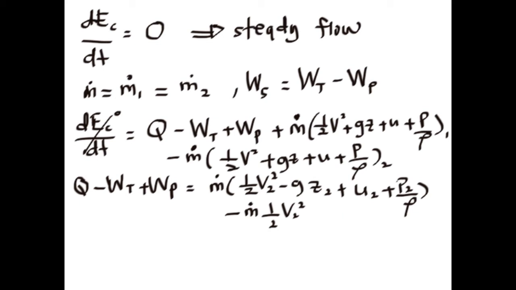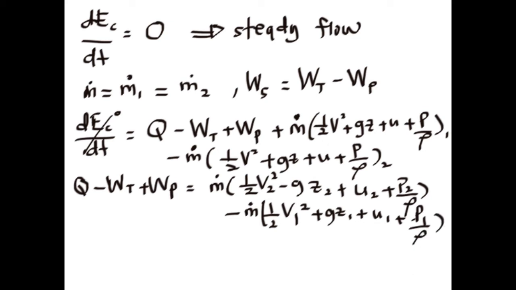Not the V2 squared, it's the inlet, so V1 squared. So minus, sorry, minus gz1, or if you want to make it in bracket first, this will become a plus U1 plus P1 divided by rho.